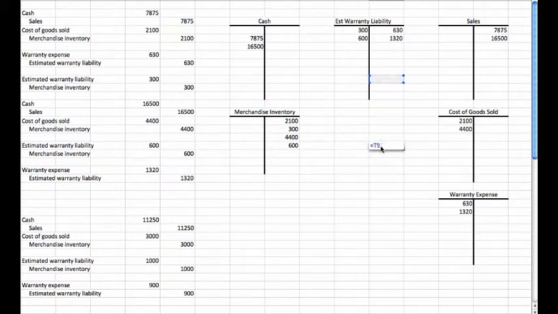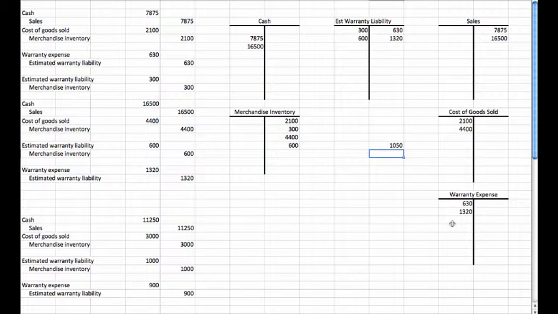And we can go up here, and we can add this item here, plus this item here, minus our debits, $300. And so our estimated warranty liability, after taking into consideration our credit balances and our debit balances, is $1,050. We can add up our sales to find out how much our sales are, add up our cost of goods sold, and estimate our warranty expense.